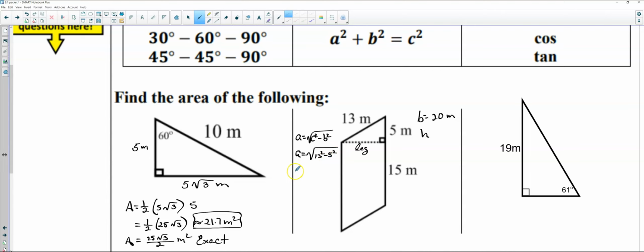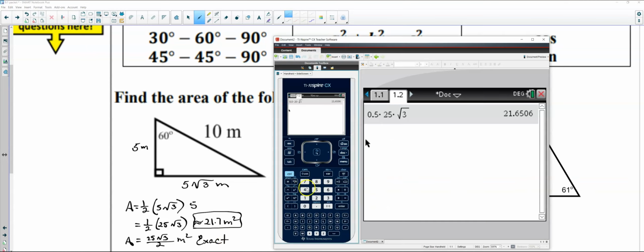In this case, I could put it just like that on the calculator, or I could solve it. That's 169 minus 25. It depends what you're looking for: an exact measurement or an approximation. If you're looking for an approximation, you go ahead and put it in the calculator. So 169 minus 25.